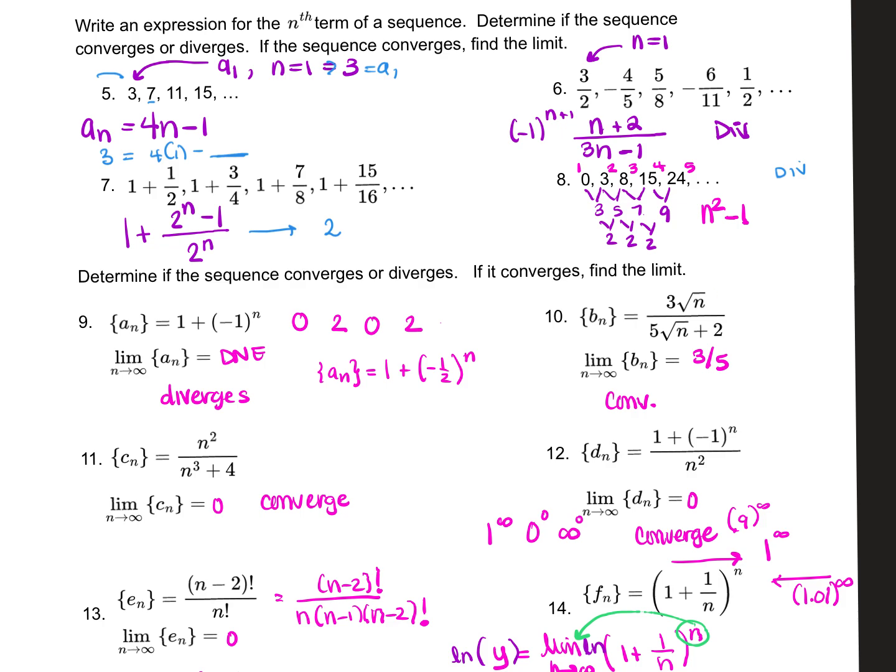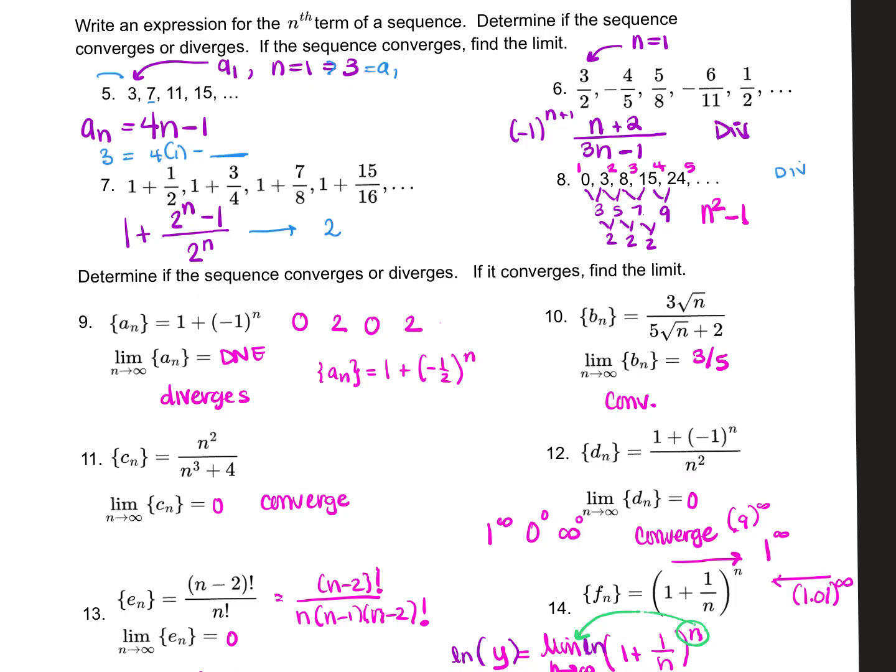This one right here, the degrees are equal. So this sequence is converging to 3/5. The degree at the top is less than the degree at the bottom, so the limit is 0 and the sequence converges. This one is alternating, but you see this is getting bigger and bigger and bigger on the bottom.